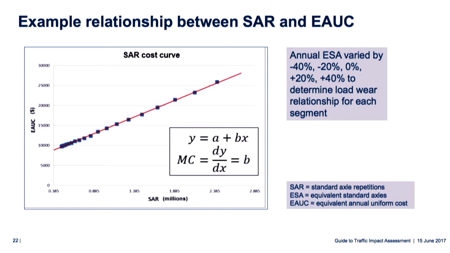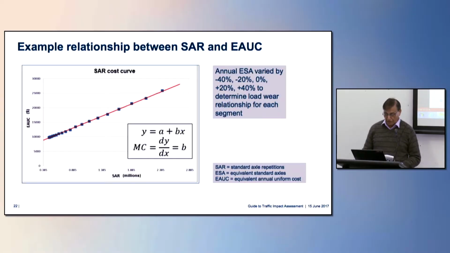The graph was developed using various calculations at various stages, for example -40%, -20%, +20%, +40%, and the line was drawn out. The equation you can see is y = a + bx, with b being the slope, which is MC, the marginal cost.